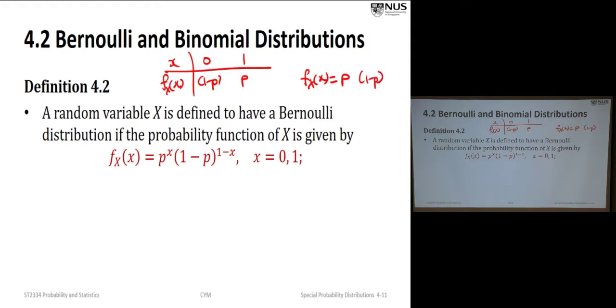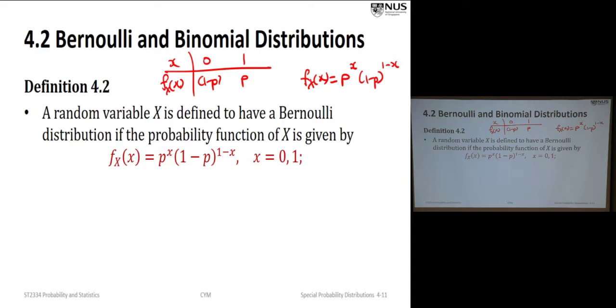Now, this is a mathematical skill that you may have to learn. I just write it like this. When x equals 1, then I have a p here. But this other term is still there. How can I get rid of it? So here's the trick: 1 minus p power 1 minus x. So when x equals 1, the power becomes 0.